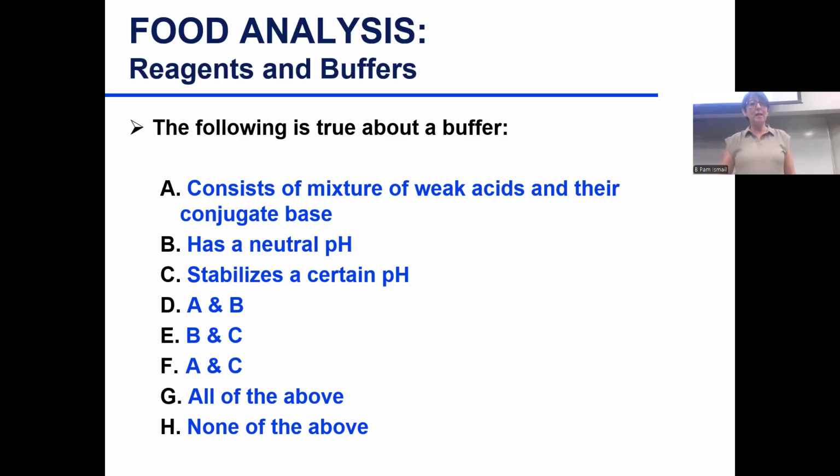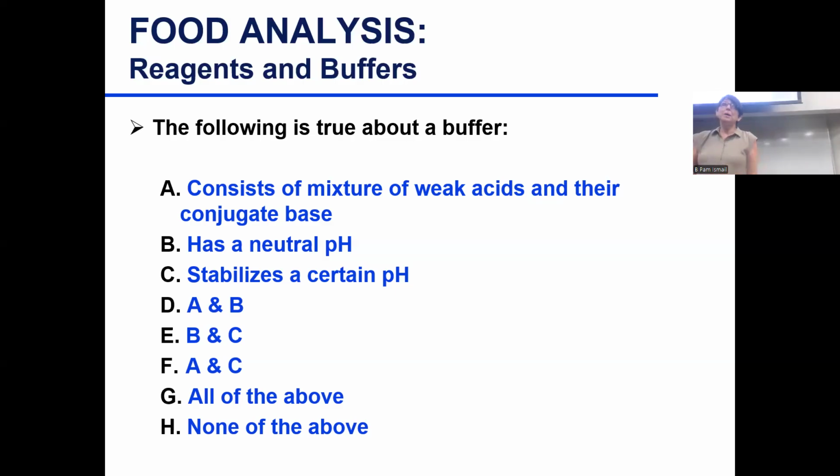Okay, so a buffer does consist of a mixture of a weak acid and its conjugate base. Weak acids meaning acids that don't give you the protons very readily. So if we say weak acid, HCl is not a weak acid. It dissociates almost completely in water, so you will always have dissociated H+ and dissociated Cl-.